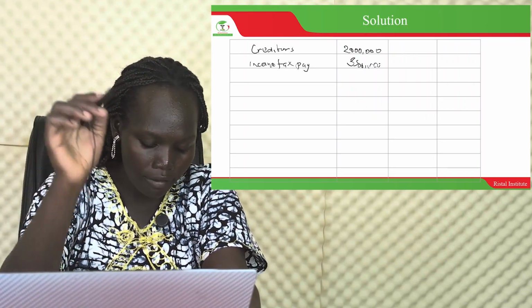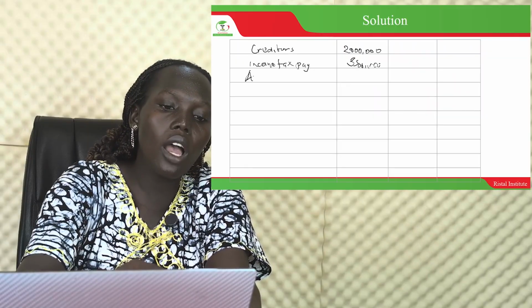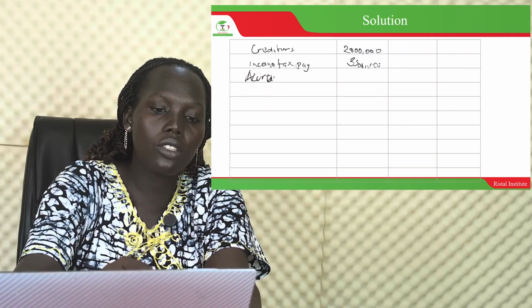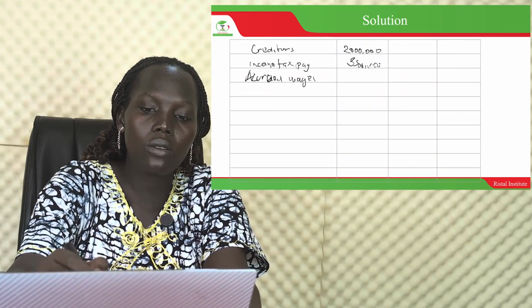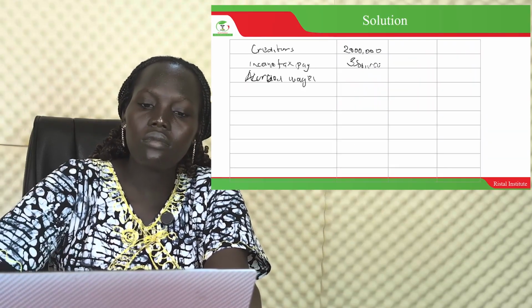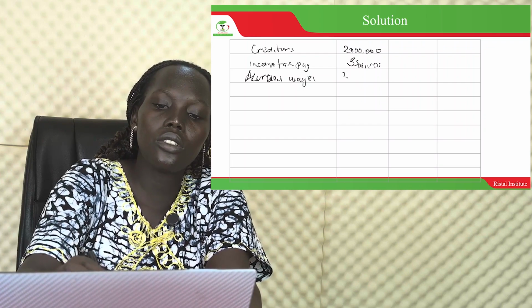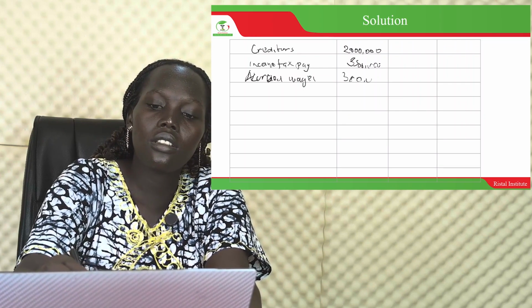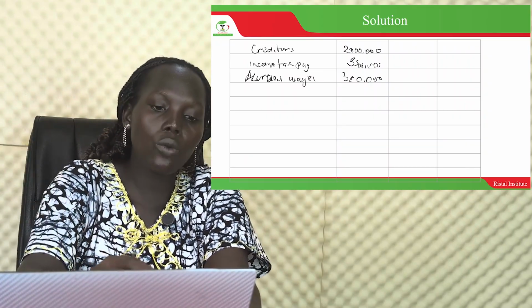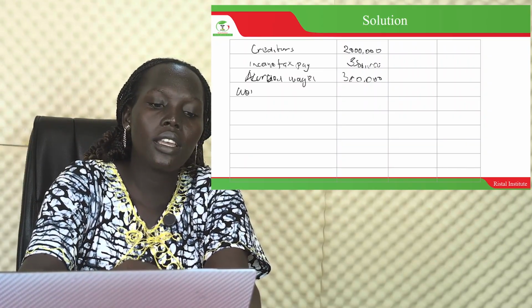And then we have accrued wages. All accruals are treated as current liabilities. We have accrued wages, which was 300,000.